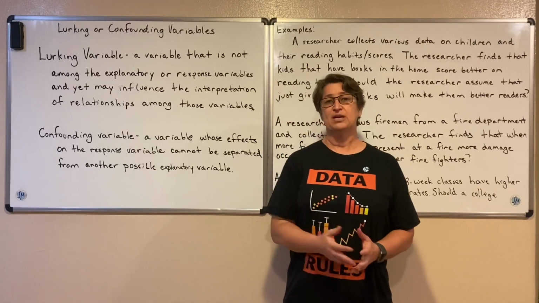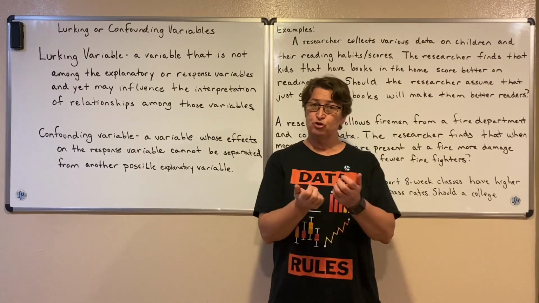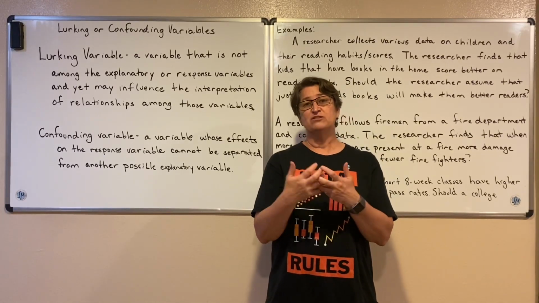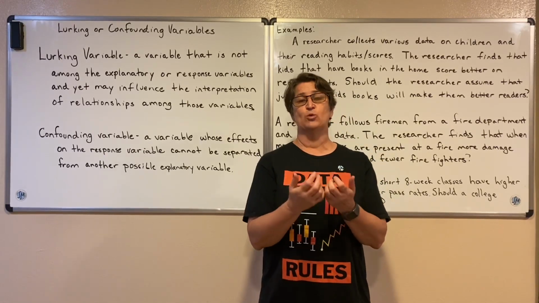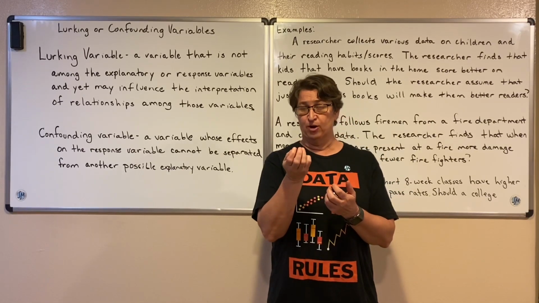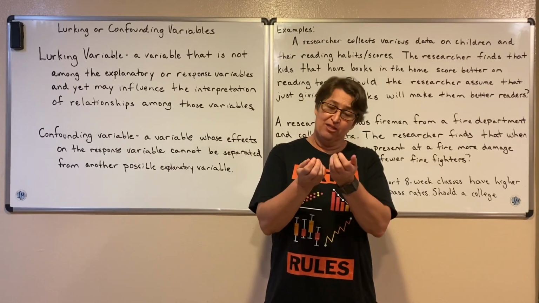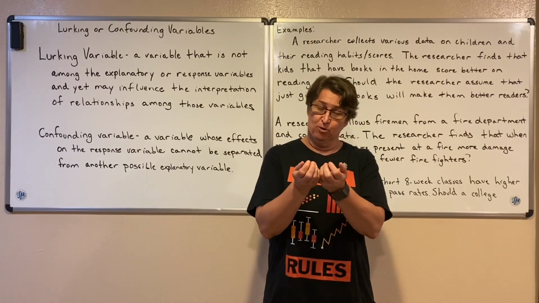Let me explain. So a lot of times when we collect data on two variables, we might notice some sort of relationship between those two variables, where we see one variable and we think it might explain why the data of another variable.